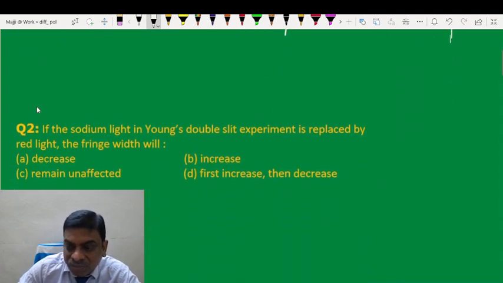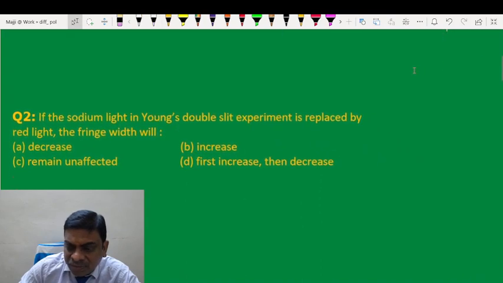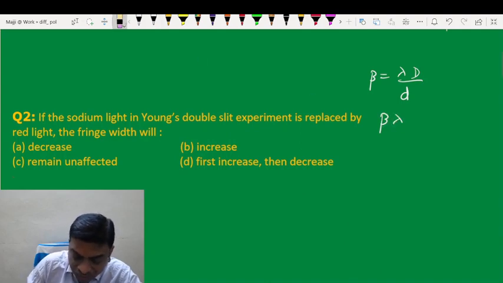Coming to question 2. If the sodium light in YDSE is replaced by red light, the fringe width will? As we all know, fringe width is lambda capital D by small d. So we can say that fringe width is proportional to lambda.